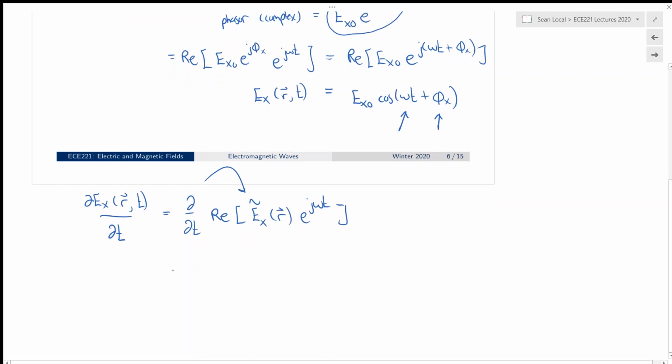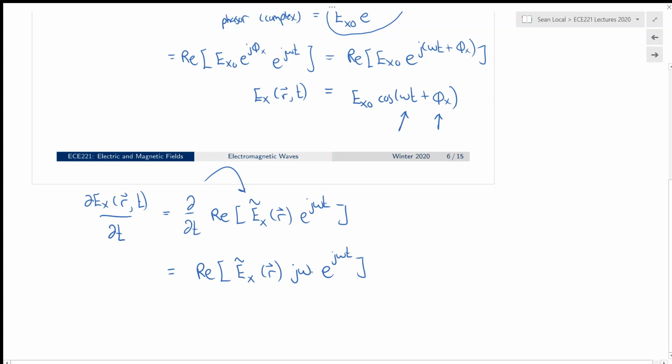So this becomes the real part of E tilde x times the time derivative of e to the j omega t, which is just j omega times e to the j omega t. So this j omega term could be absorbed into our phasor, right?